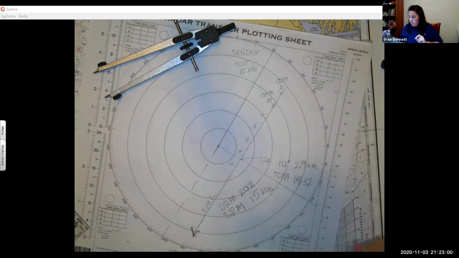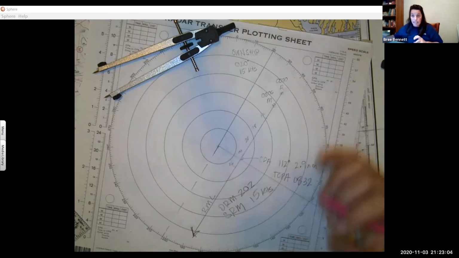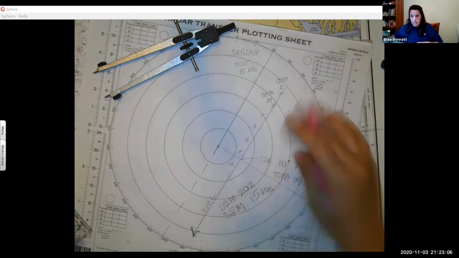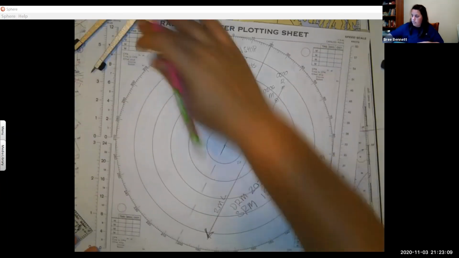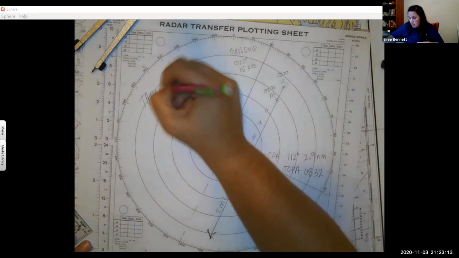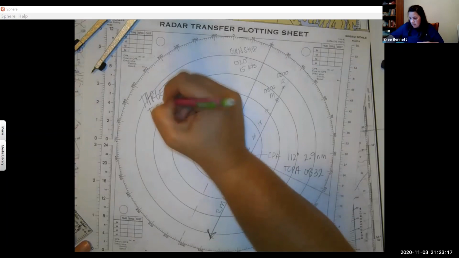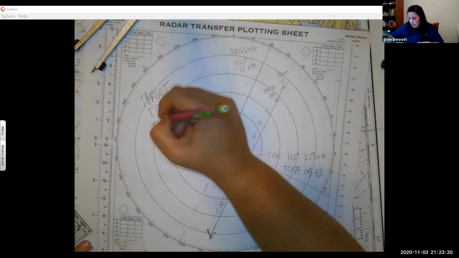So now we did everything with our R to M line. Now we want to plot E, right? That is our next point to get the target's true course and the target's true speed.